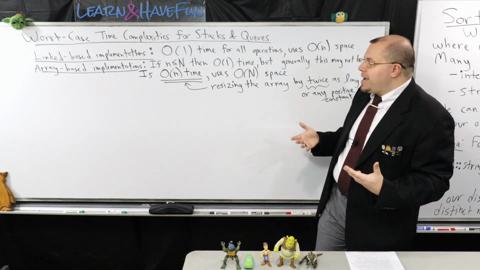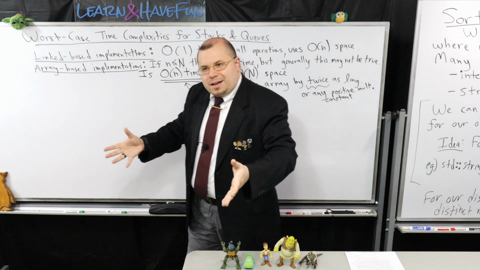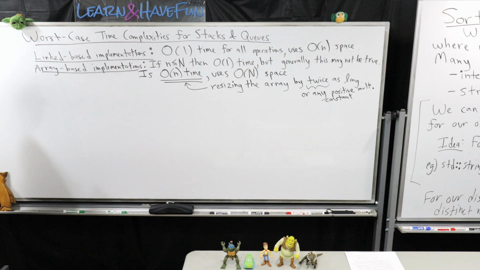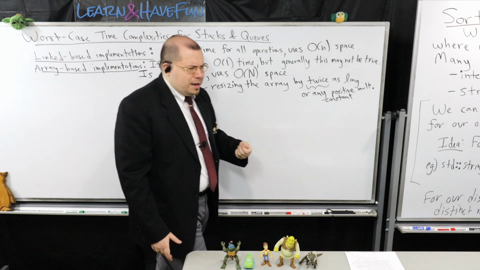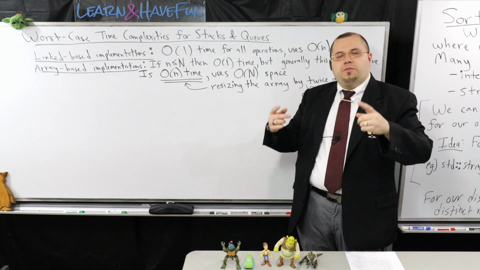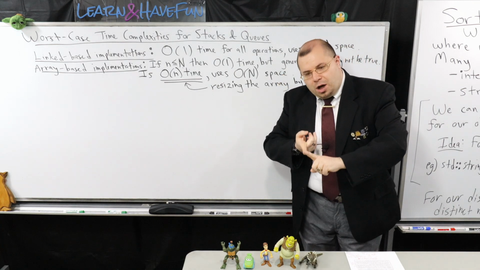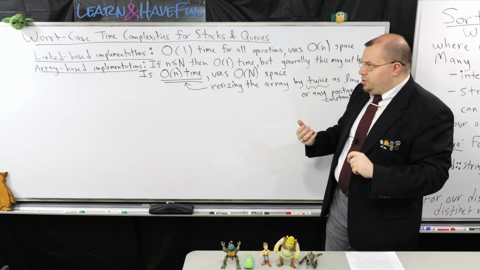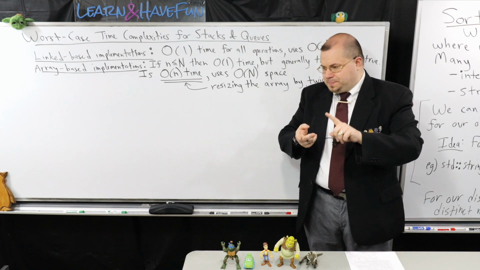So I wanted to recap one final summary on this topic, namely the complexities for our stacks and queues. We talked about a number of different implementations. For stacks, we talked about the array-based stack and the linked list-based stack. For queues, we talked about a linked queue.